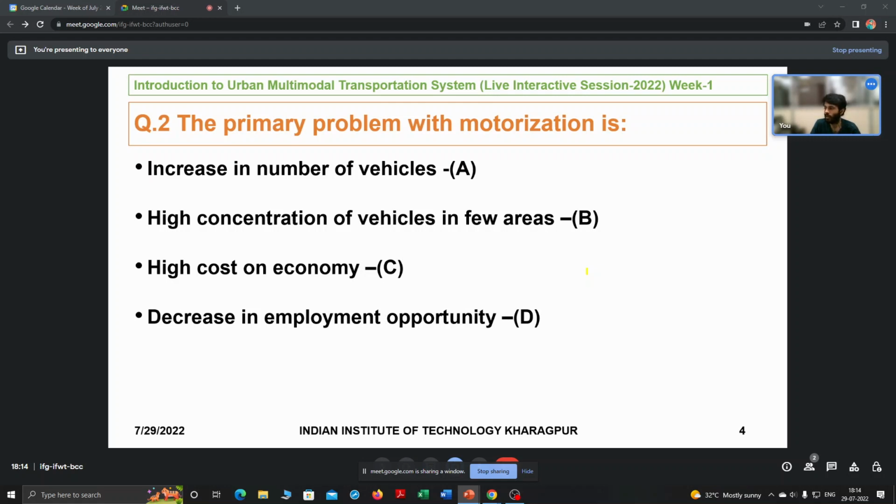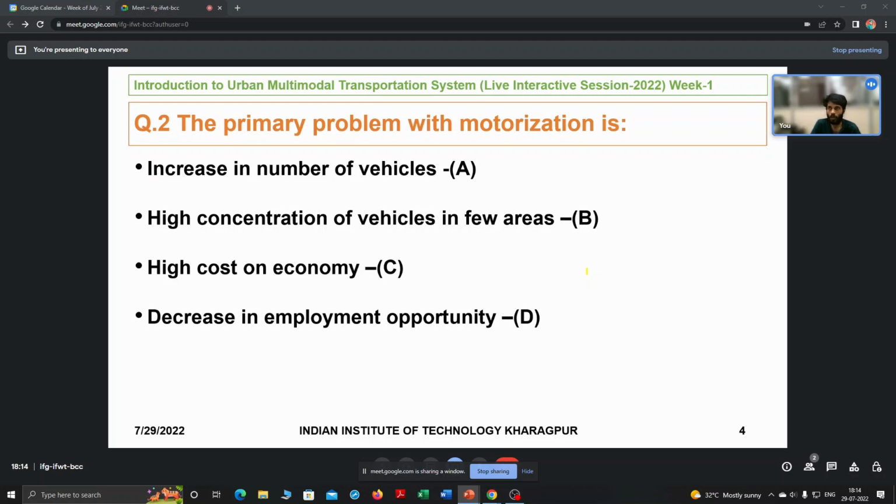And then the decrease in employment opportunity. It cannot be directly said that because of motorization there is a decrease in employment opportunity, but if a city is so congested and a metropolitan city, it is very difficult for people to go from one point to another using public transport.